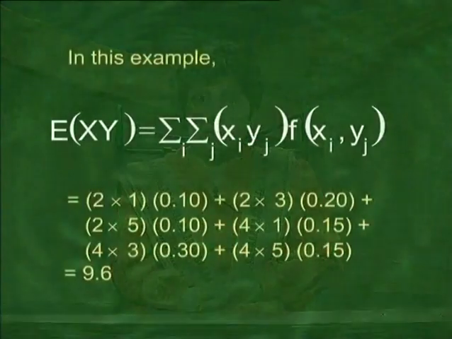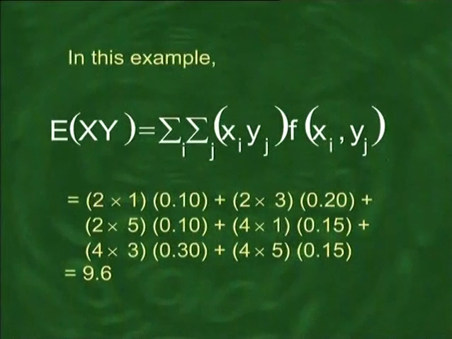As you now see on the screen, the expected value of xy is given by double summation x_i y_j into f of x_i y_j. So, this means that in this particular situation, we do not have to write the sum of the x value and the y value in the top corner of any cell.